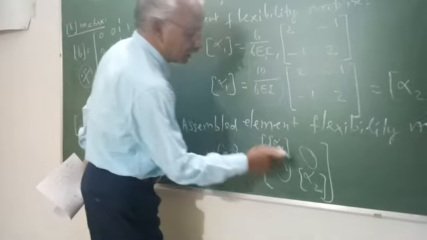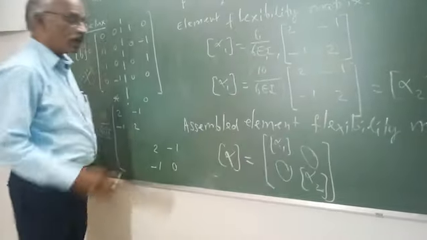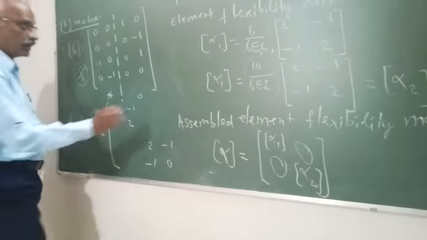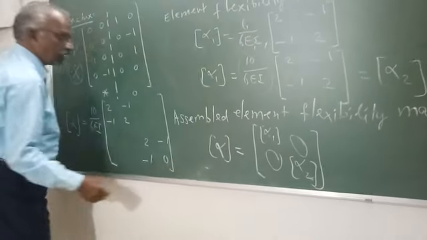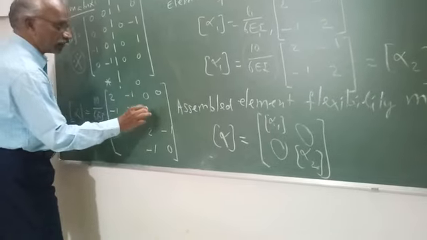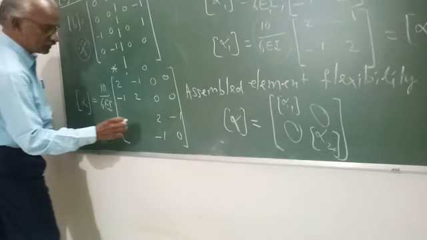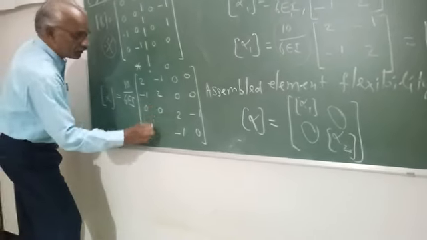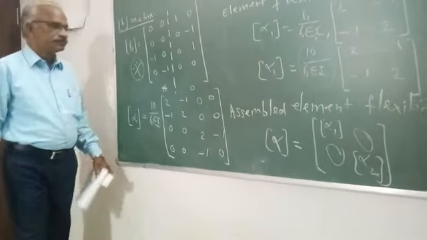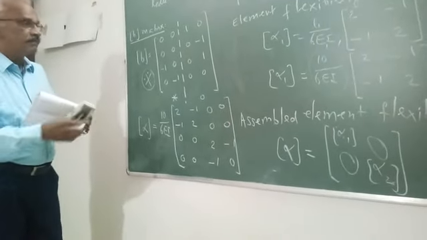Along the leading diagonal, you have to mark alpha 1, alpha 2, alpha 3 up to alpha n. So this is the assembled element flexibility matrix.